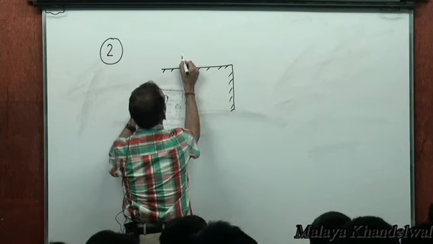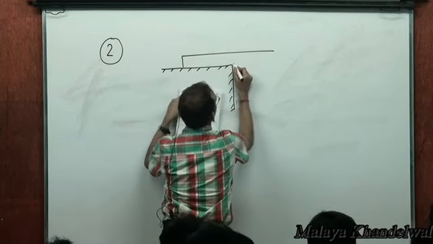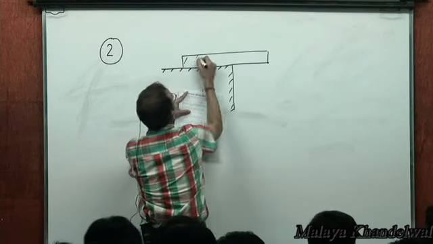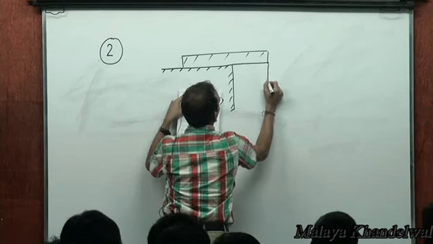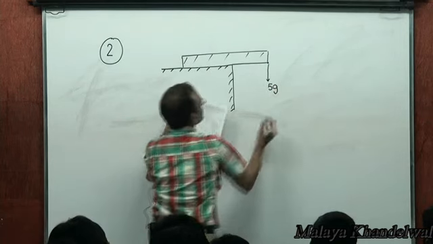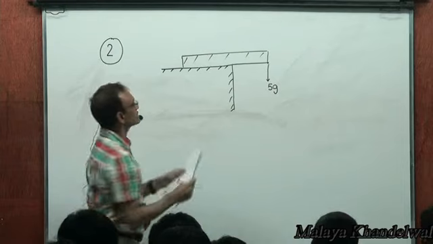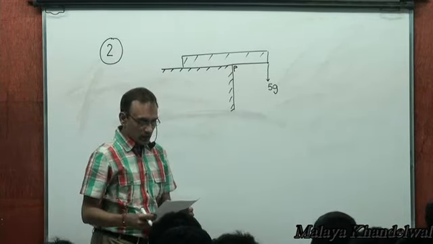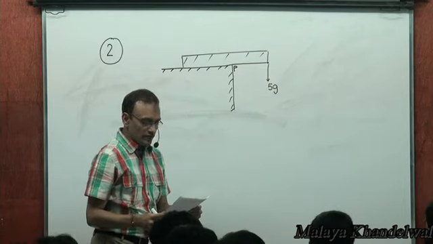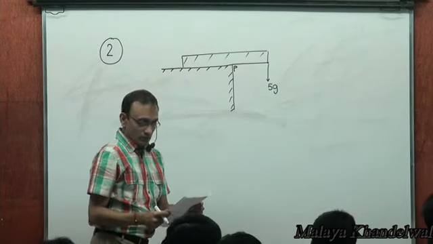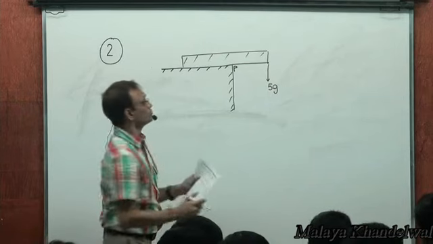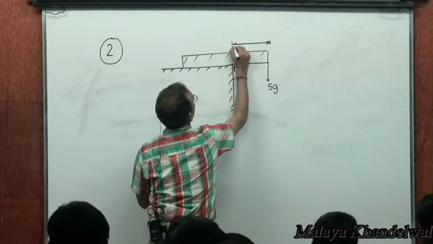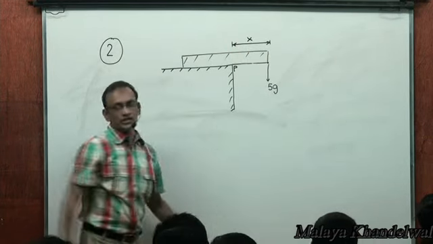So, say this was the rule, and there was a 5-gram mass overhanging like this, point P. We want to find, in order that it could just tilt the rule, x units projecting out.